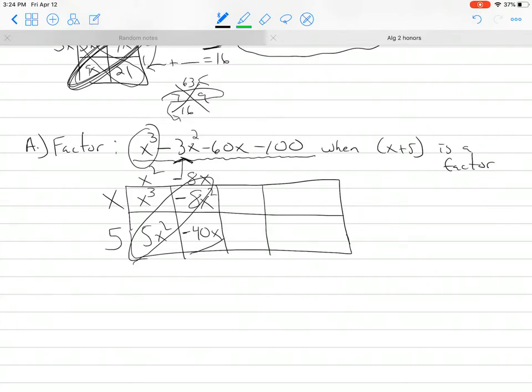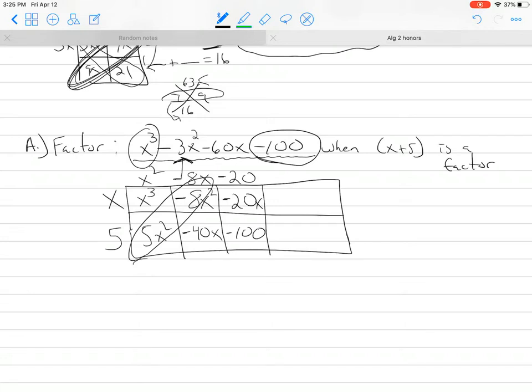So I see that this and this, these two, have to equal minus 60x. So I'm going to say minus 20x. So now, x times negative 20 goes there. And this is negative 100, which should be good because there's my negative 100.